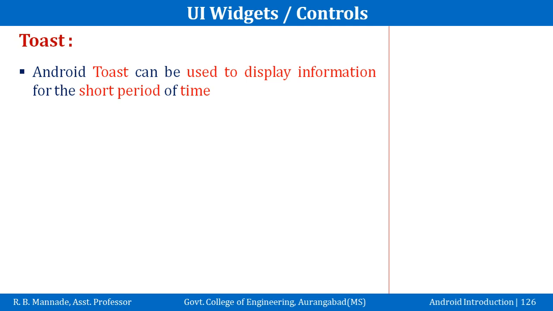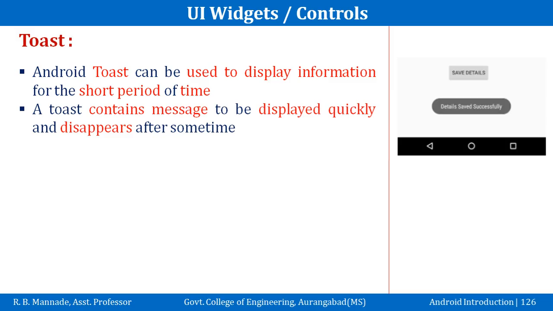Here the toast is a control in the Android operating system which is used to display a piece of information for a short period of time. It means a toast contains a message to be displayed, is displayed quickly, and disappears after some time. For example, in this particular snapshot, this is only one portion of a user interface.